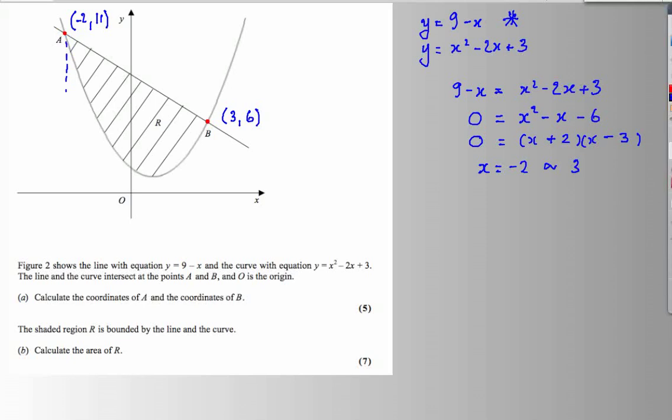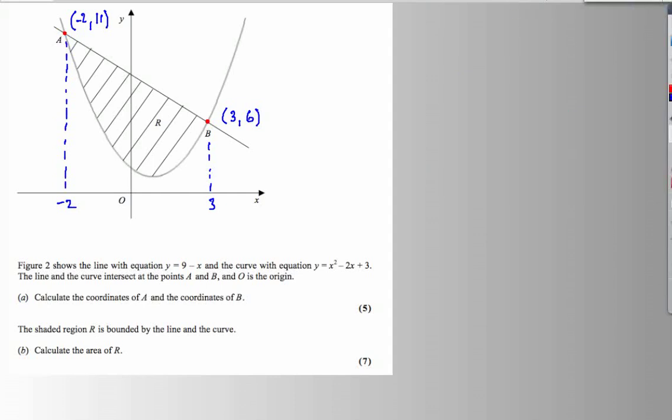So now I need to start thinking about integration and areas under curves. For this, because I'm trying to find the area between, what I will be doing is taking the upper curve and subtracting from it values from the lower curve.